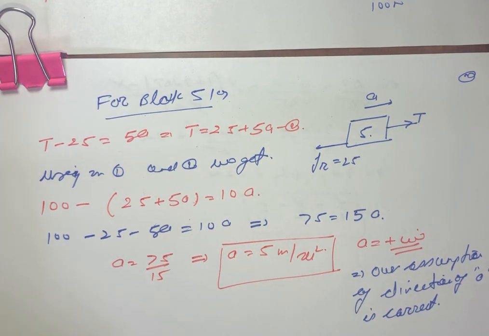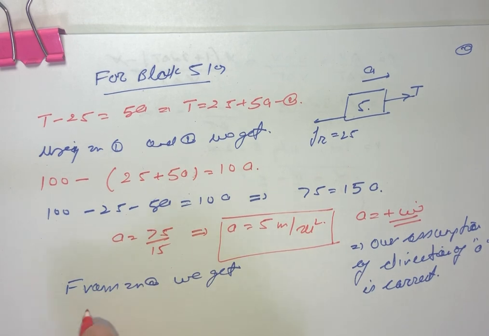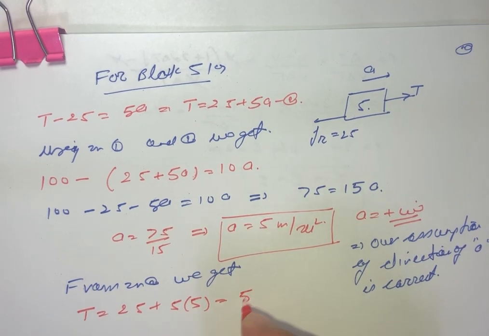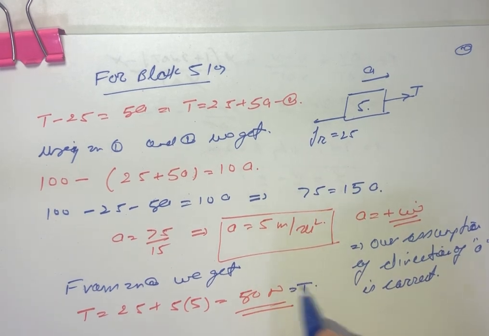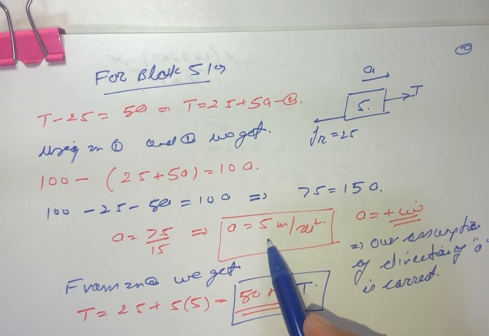From equation 2 we get T is equal to 25 plus 5 into 5, which is nothing but 50 Newton. So we get tension as 50 Newton, and the acceleration of both the blocks is 5 meter per second square.